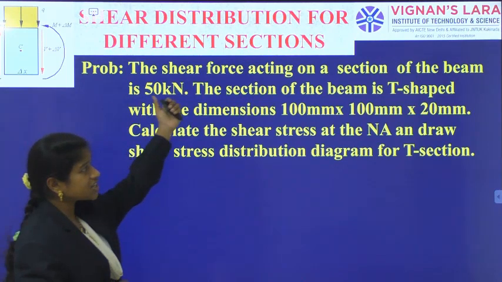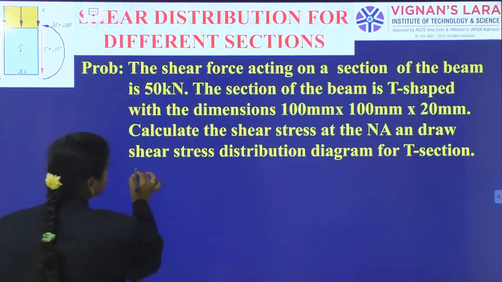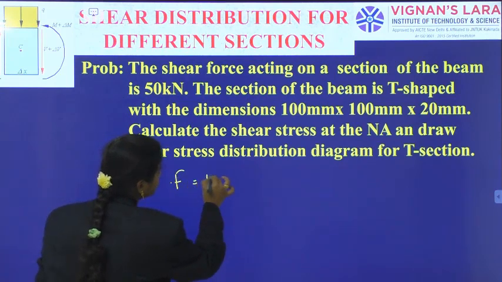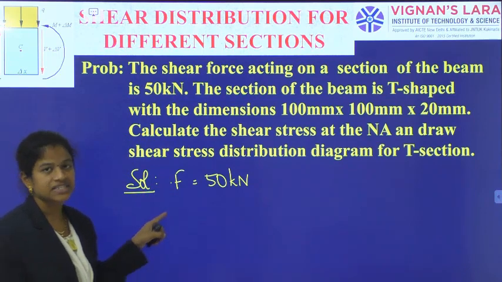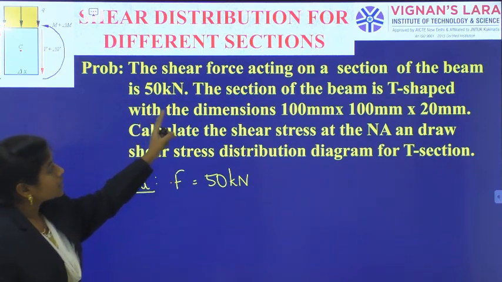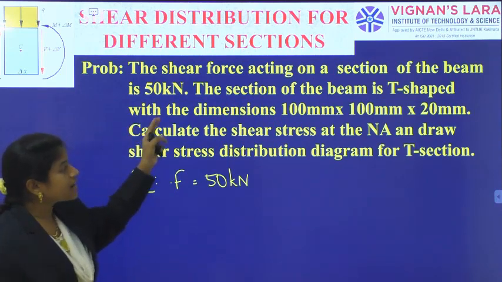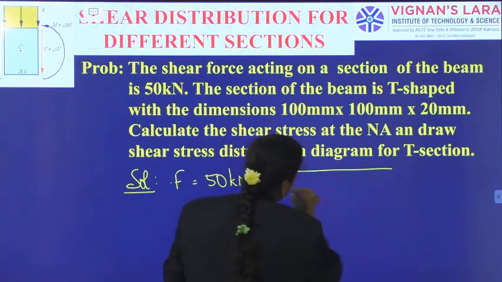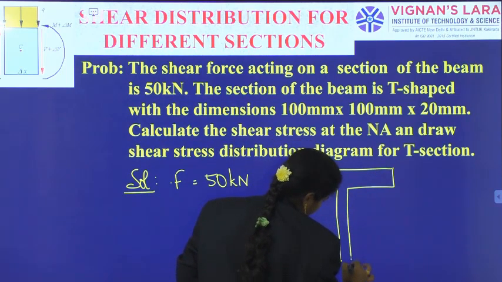Now, the shear force acting on a section of the beam is 50 kilonewtons. Right. So, the capital F value or the shear force value they have given acting on the section is 50 kilonewtons. Now, the section of the beam is T-shaped with the dimensions 100 by 100 by 20. Okay. So, we are having the T section with 100 by 100 by 20.